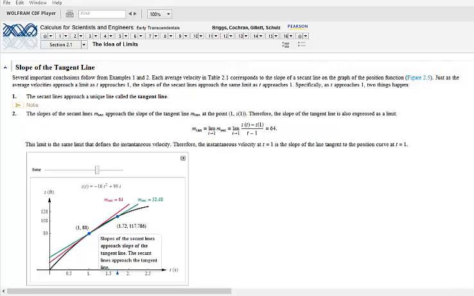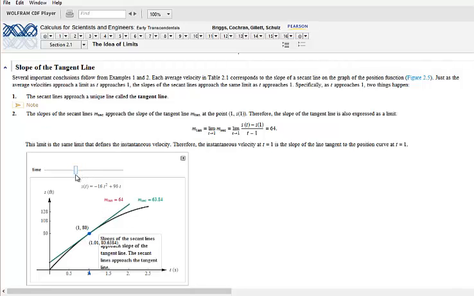And a tangent line, we'll look at this cool interactive graph once again. Notice as these 2 points graphically get closer and closer to 1, I get closer and closer to this magic number of 64, and that would be the slope of that tangent line.